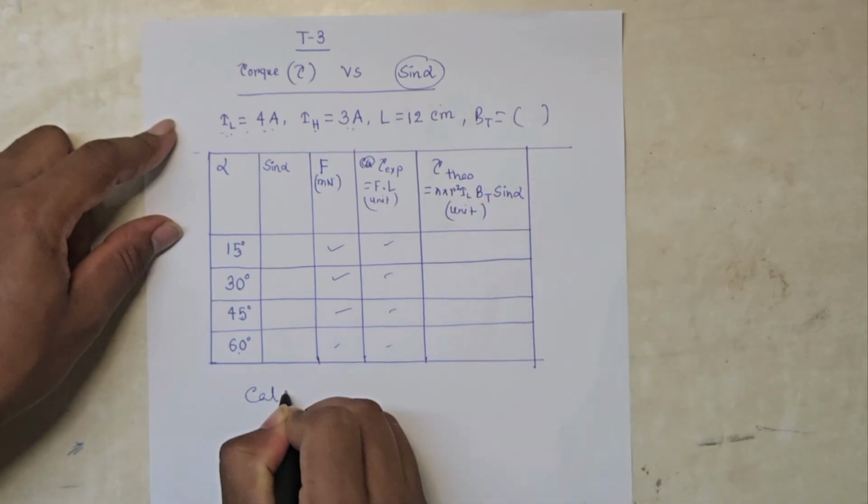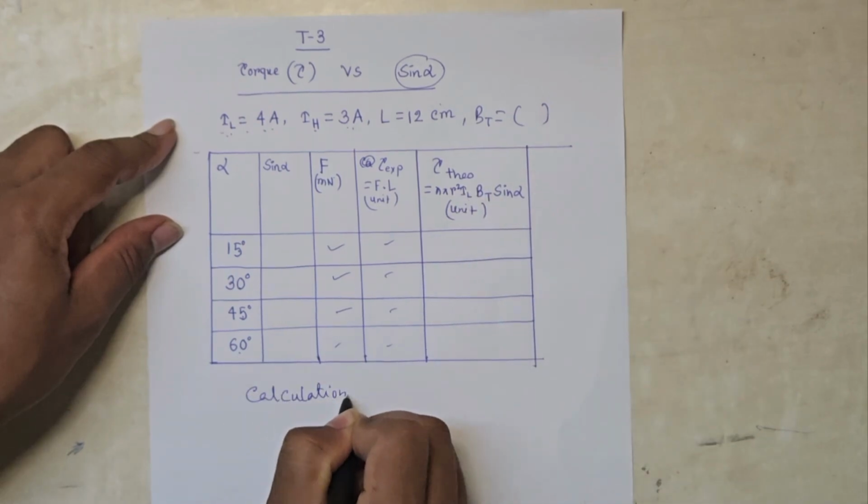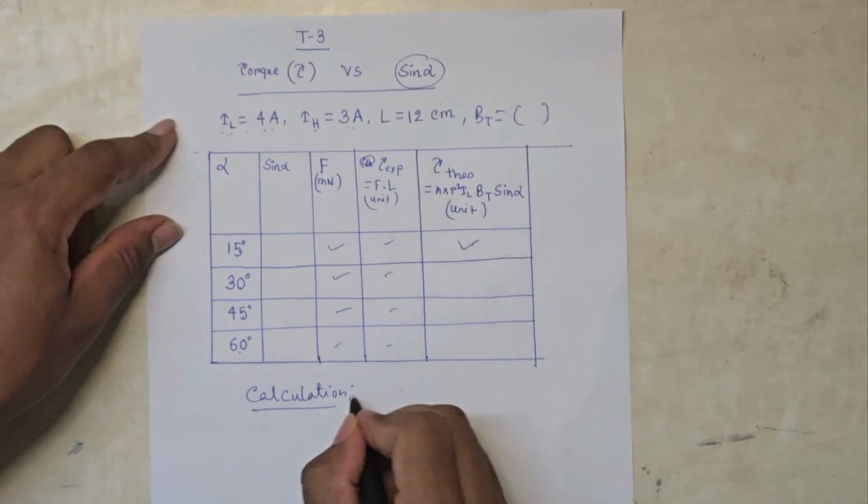You have to show at least one calculation properly.